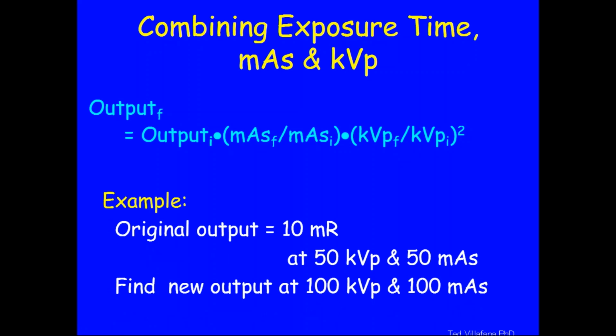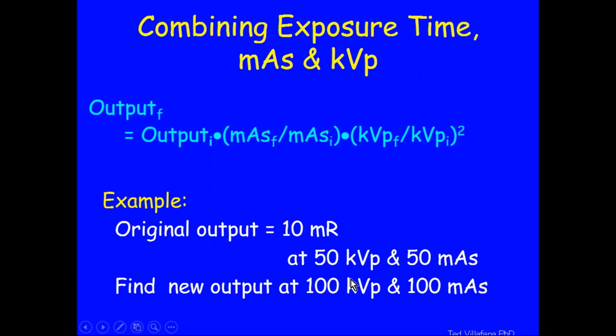Okay, and here's an example. You start out at 10 mR, which was obtained at 50 kV and 50 mAs. If you go to 100 kVp, 100 mAs, just looking at this, 50 to 100 is a factor of 2. Squared is 4. The mAs, 50 to 100, is a factor of 2, but that's just directly proportional.